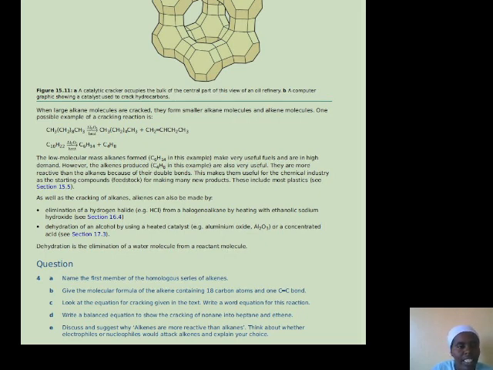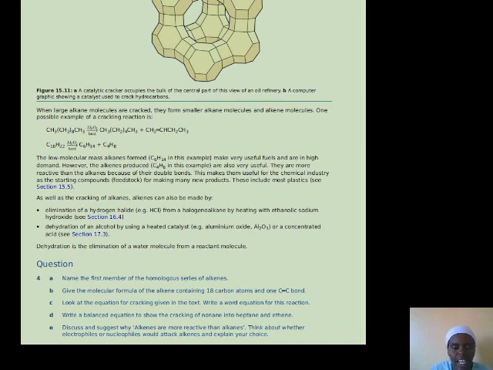The alkane is hexane, and the alkene is butene. So when you have large alkanes, you break them down into smaller alkanes, and in the process of cracking, you are able to get alkenes.